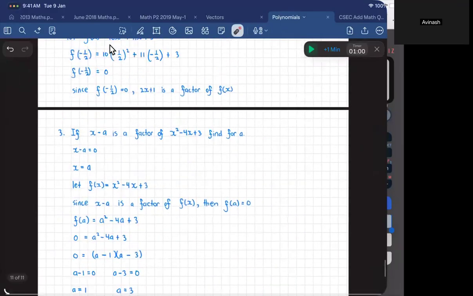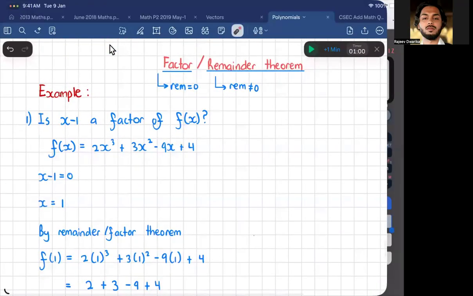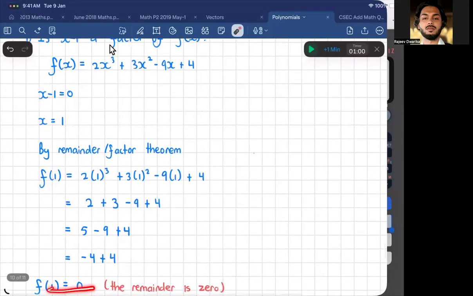You saw it for the previous questions: we put x minus 1 equal to 0, you find for x, and then you put x back into f of x, and you got 0. That gave you the remainder. So you understand the general procedure? Yes, sir. You're finding what x is, you're plugging it in, and that will give you the remainder.